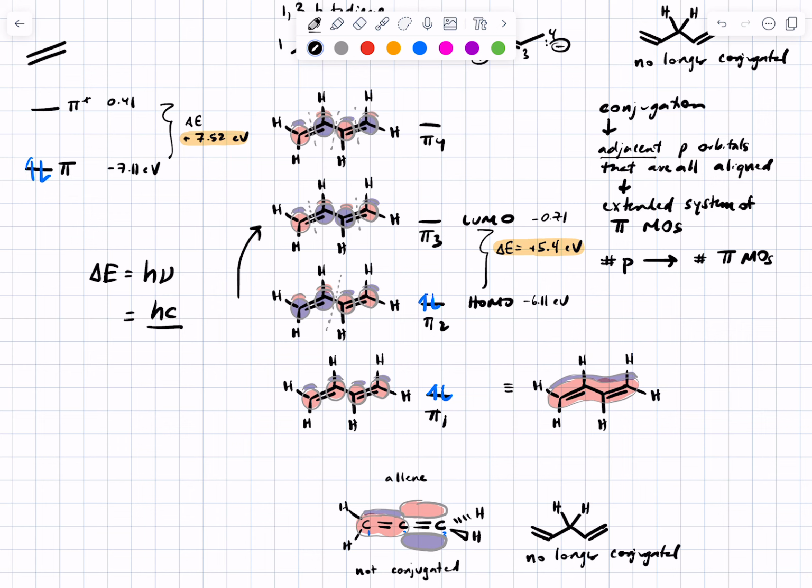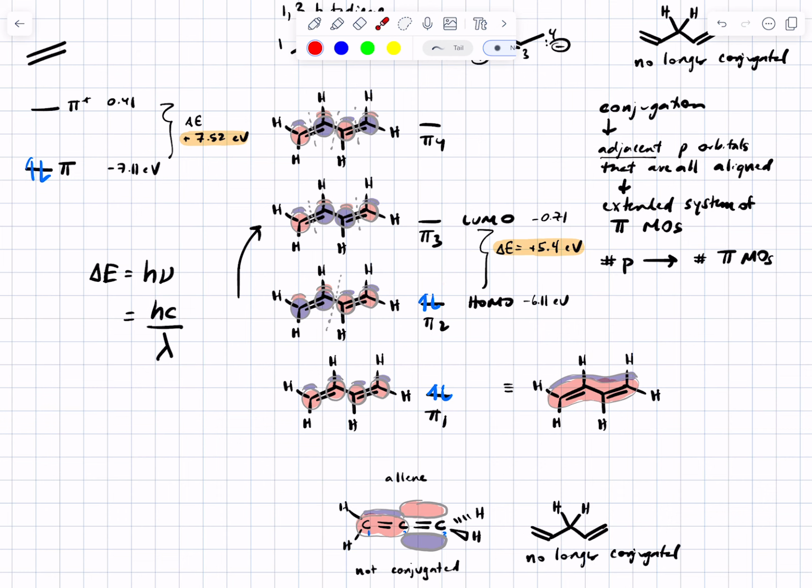Or if you prefer to think in wavelength, we'll do that. So if we narrow the gap between HOMO and LUMO, that means we can use lower frequency light or longer wavelength light to excite an electron from HOMO to LUMO.